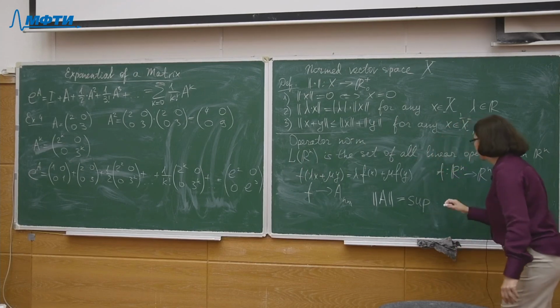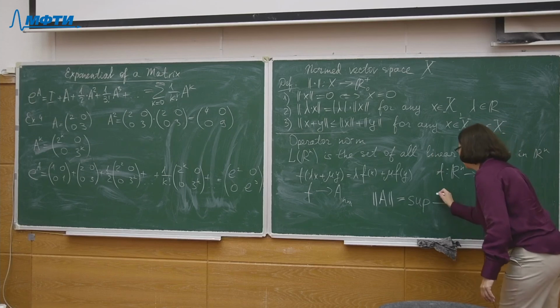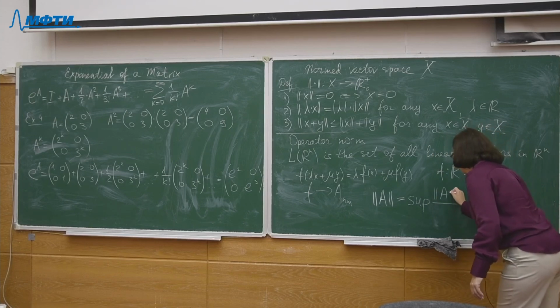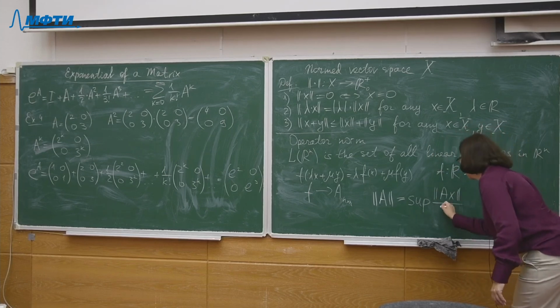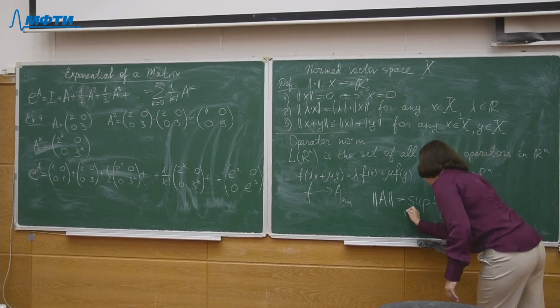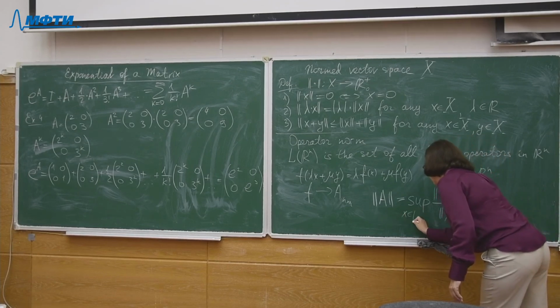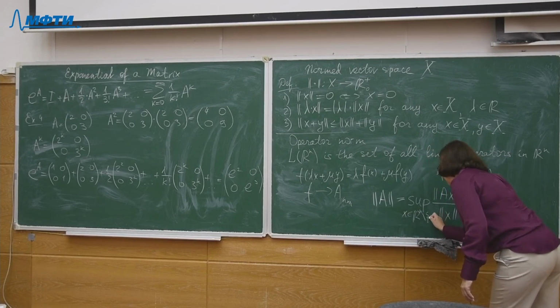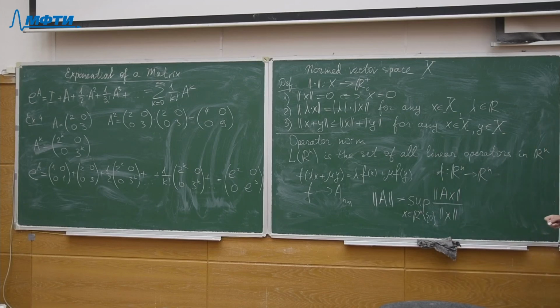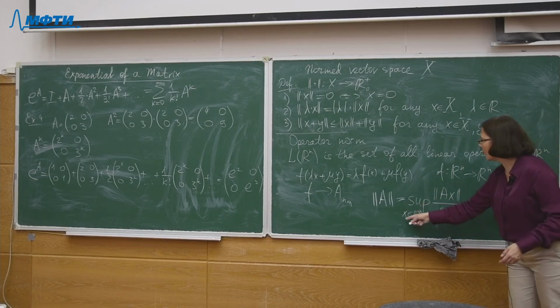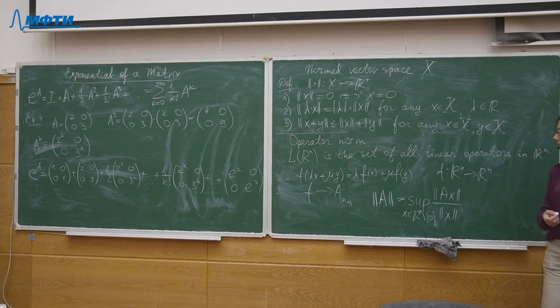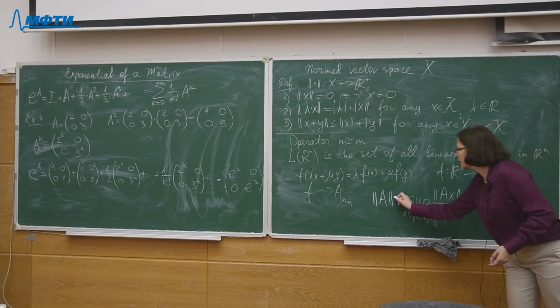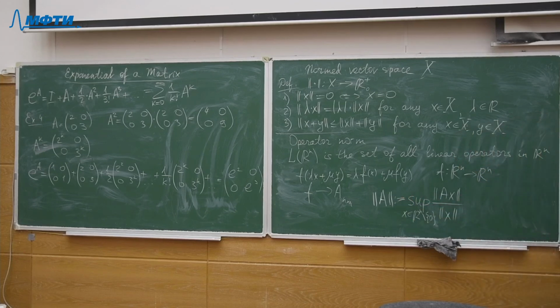It will be the supremum of the norm of Ax divided by the norm of x, where x is in Rn and x is not 0. So the supremum over all non-zero vectors in Rn. So this is the definition of the operator norm.